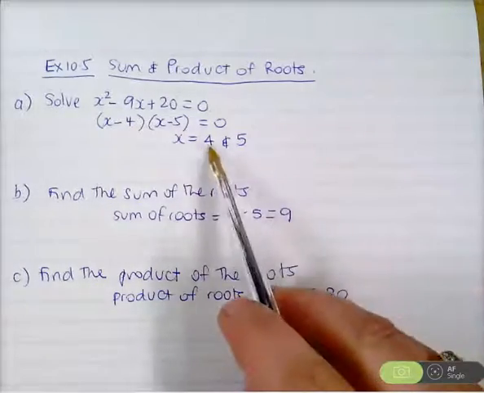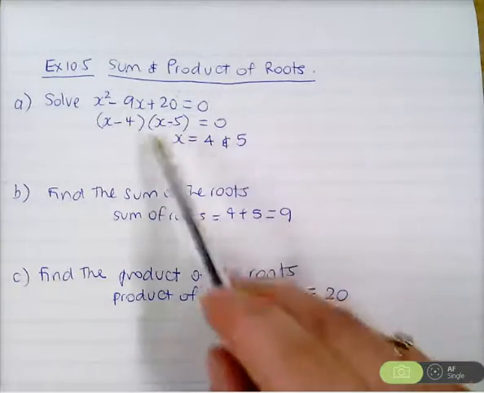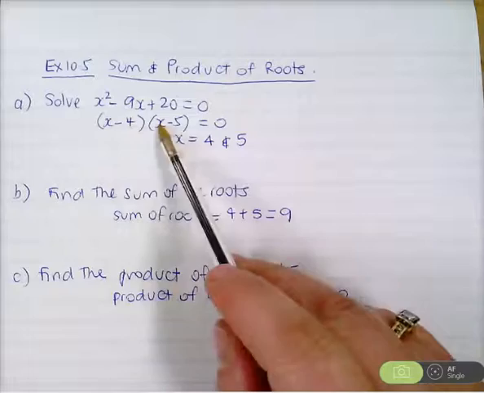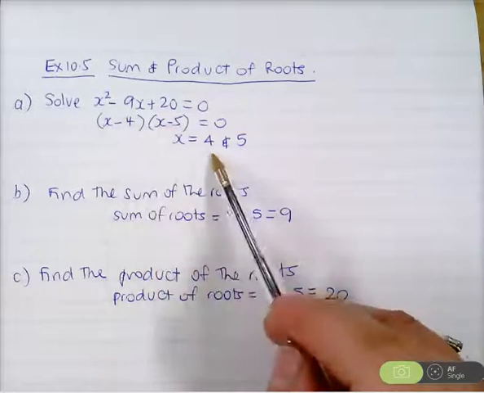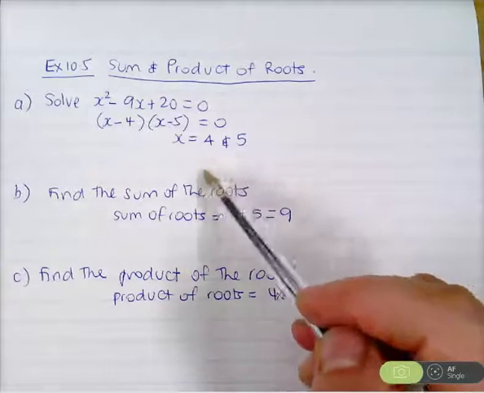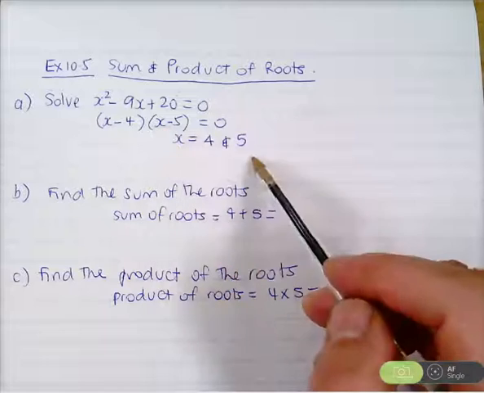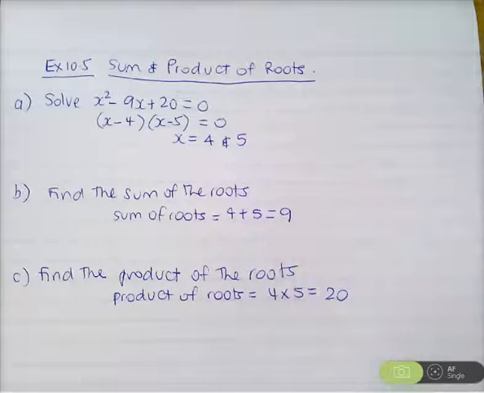But the roots, when we solve this, are not negative 5 and negative 4. We get 5 and 4, because we say what minus 4 is 0? Well, 4 minus 4 is 0. And what minus 5 is 0? 5 minus 5 is 0.